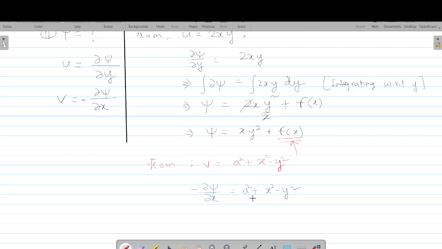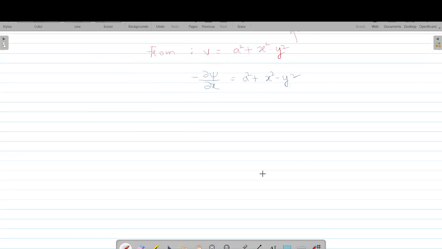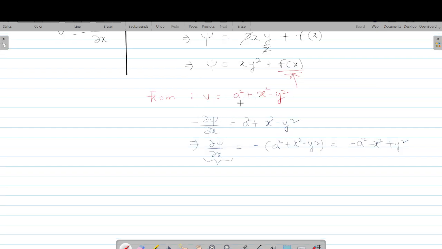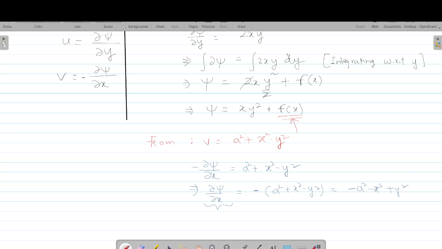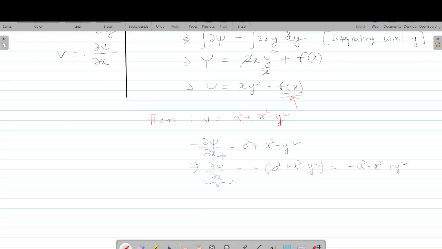Now I can separately get d psi by dx, which will give me negative a square plus x square minus y square, so I will be left with negative a square, negative x square, plus y square. Now that I have found the value of d psi by dx from V, I can very easily figure out the value of f from this equation.